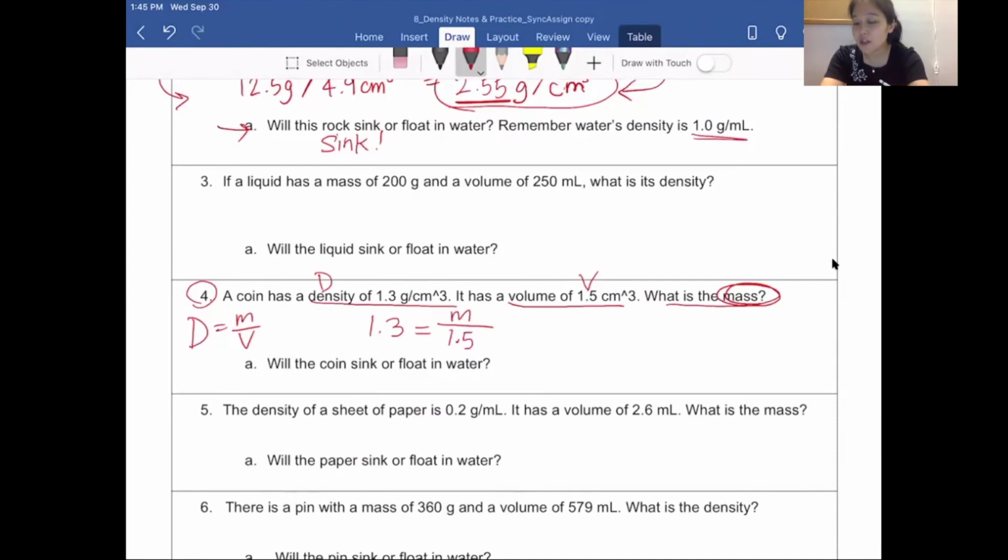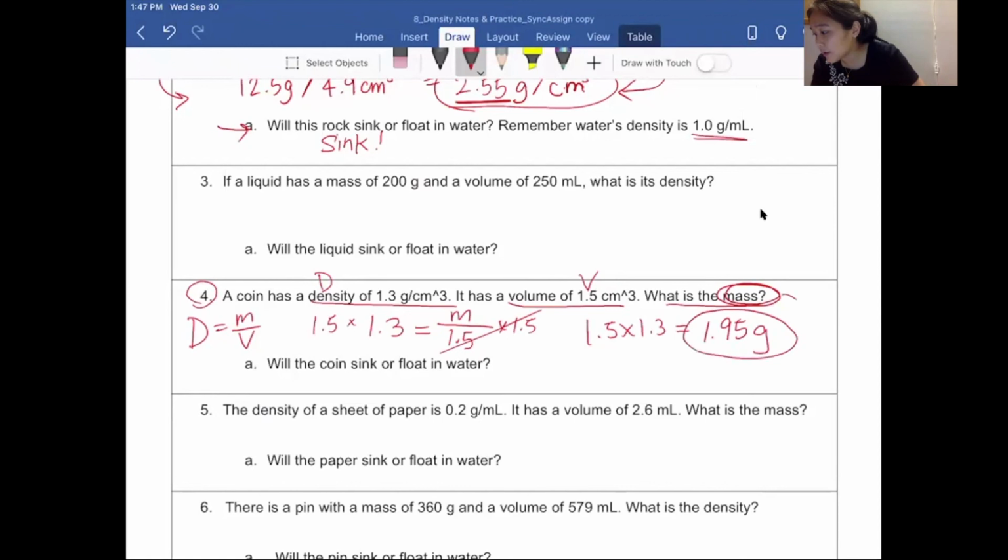It's an algebraic equation where you have to solve for M. And we do that by multiplying both sides by 1.5, giving us 1.5 times 1.3 equals, so if I plug that into my calculator, you should get 1.95. And the unit for this is grams because we're looking for mass.